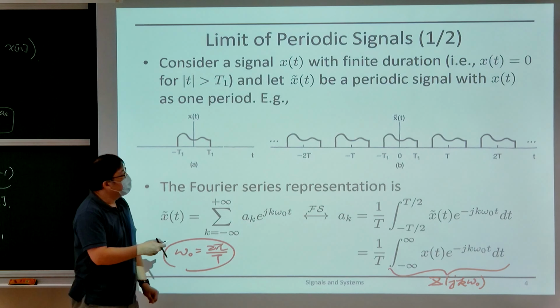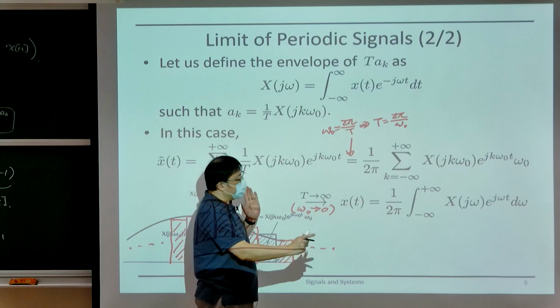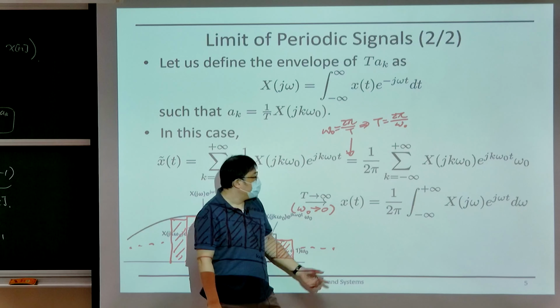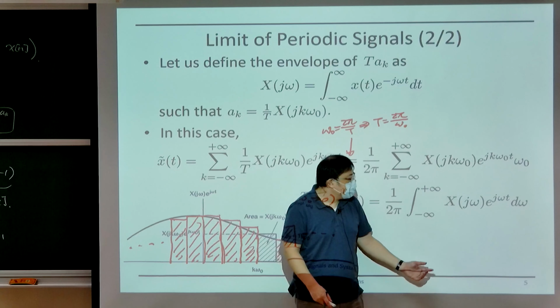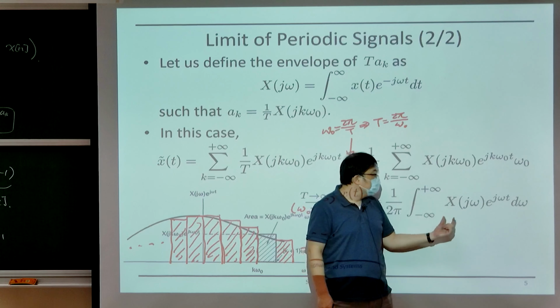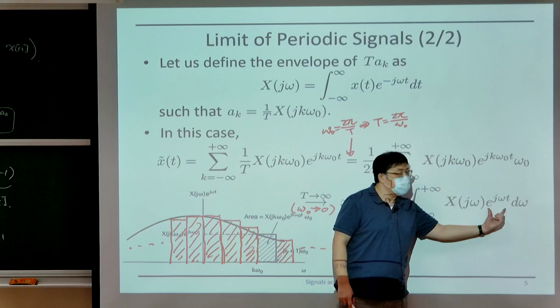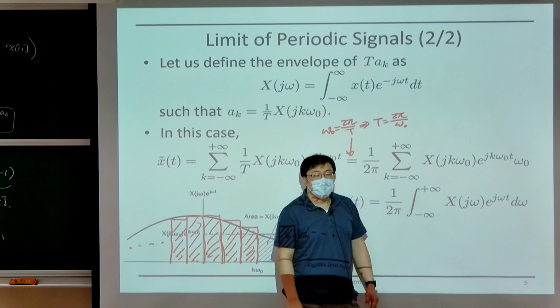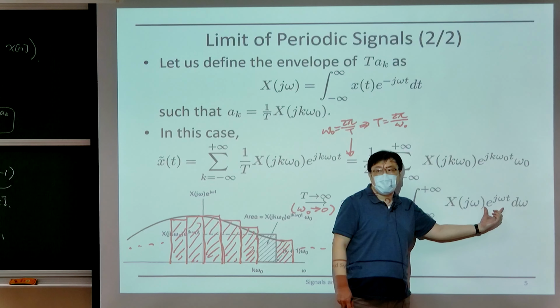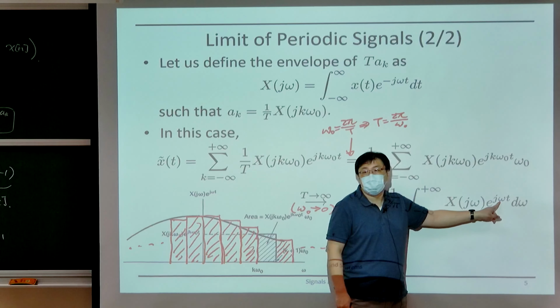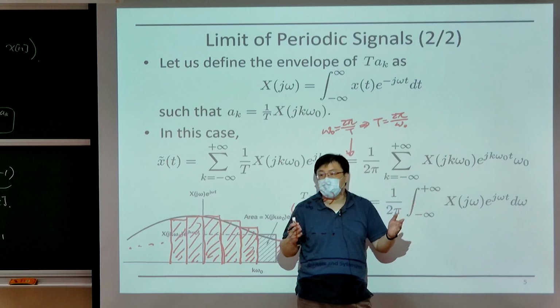So as capital T goes to infinity, we can express x of t as this continuum linear combination of these complex exponentials. So this is a linear combination of these complex exponentials over a continuum of frequencies.